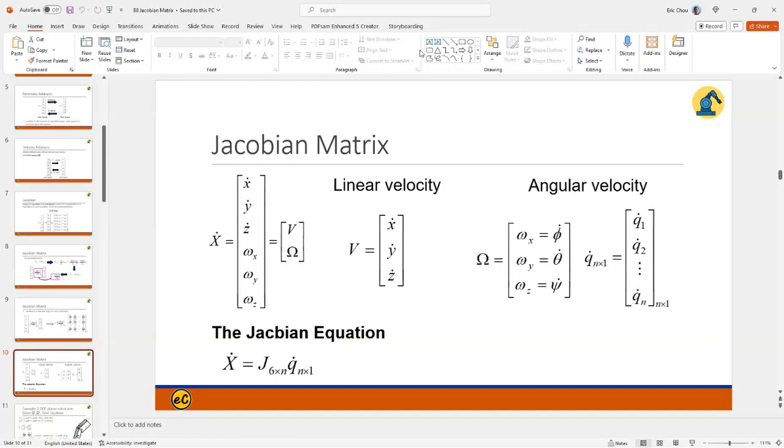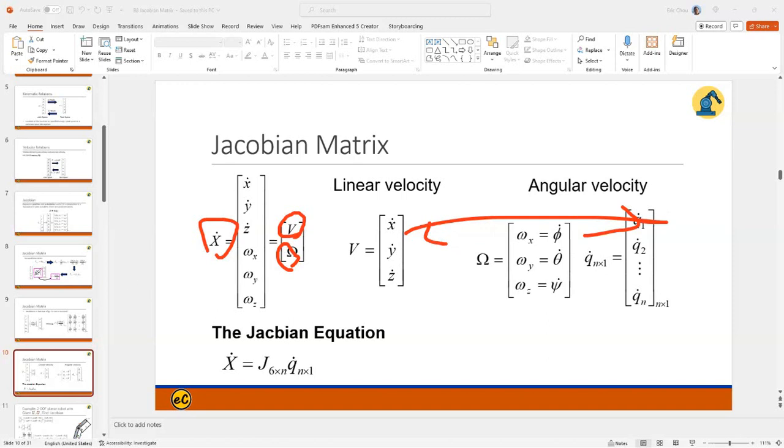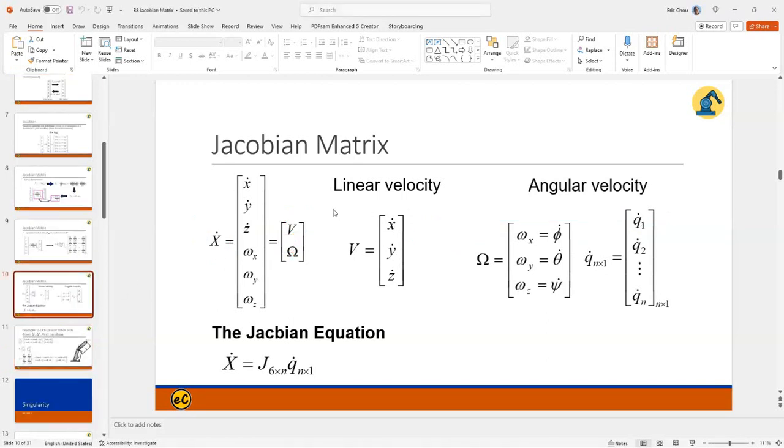Your output task space speed will be V and omega. It's two vectors, and that is the final result.